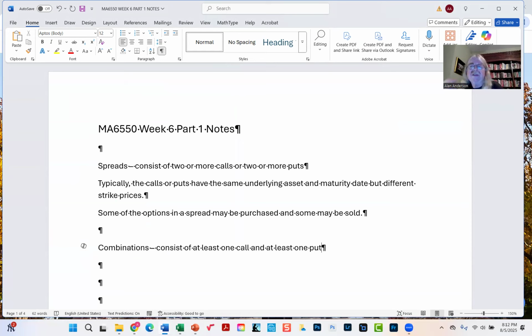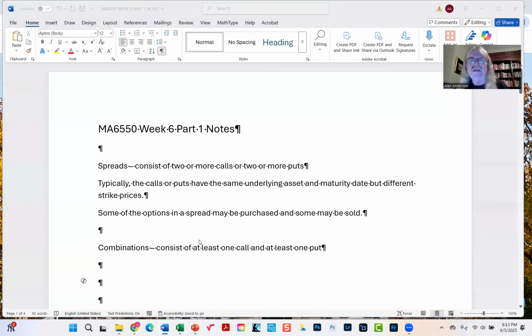They could actually have the same strike price. But often they have different strike prices. Again, we'll probably be assuming that the asset is the same for both options and the maturity date is the same, because if not, it makes things a lot messier, and maybe it isn't even a spread or a combination anymore. So that's what we'll stick with here.